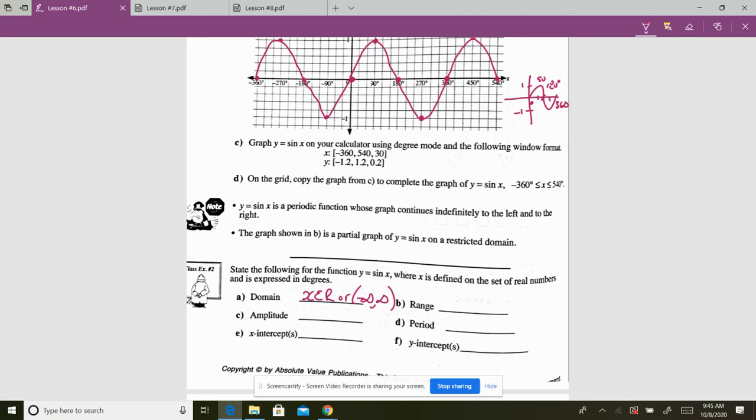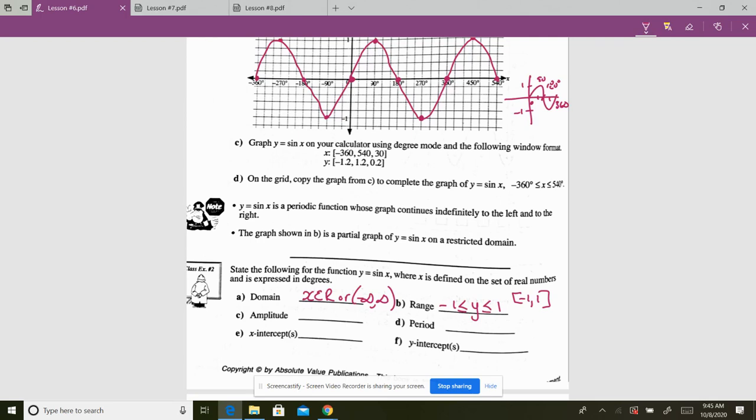What about the range? What's the max value? 1. What's the minimum value? It just oscillates between 1 and negative 1. Or you could write negative 1 to 1, like that, with square brackets because it includes those numbers.